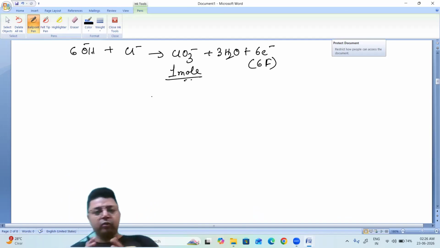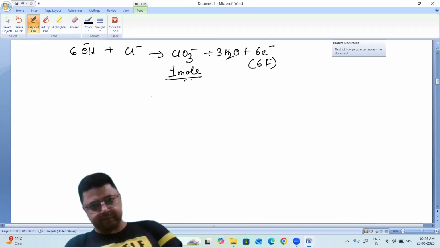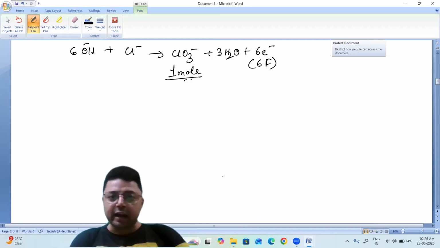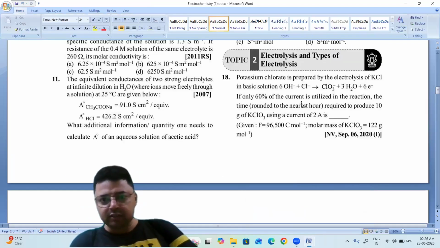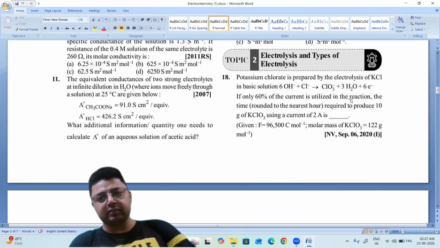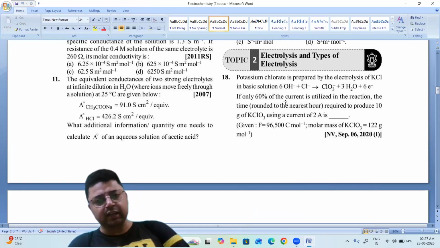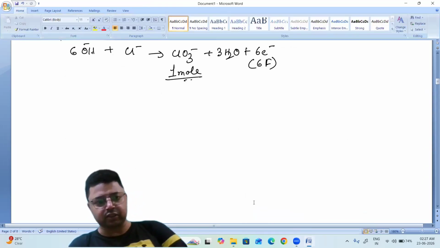Now, they have also stated one extra thing in the question, that the current efficiency is only 60%, meaning 60% of current is utilized in this reaction.